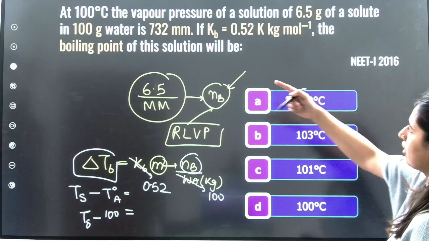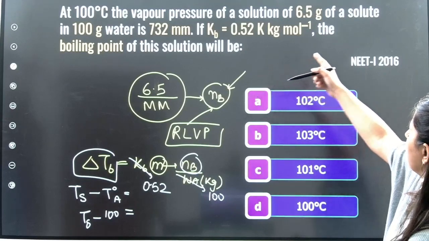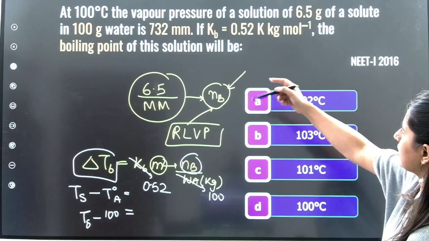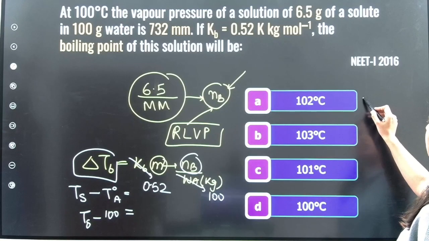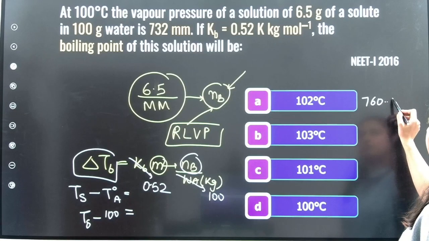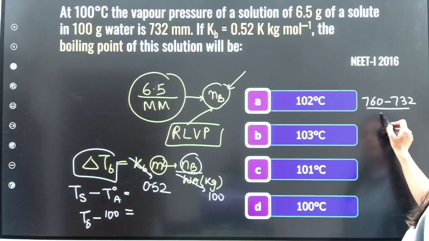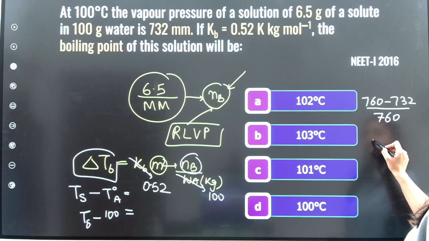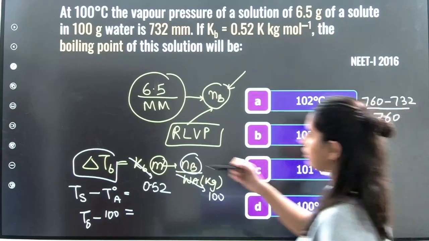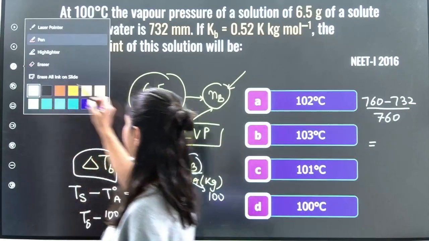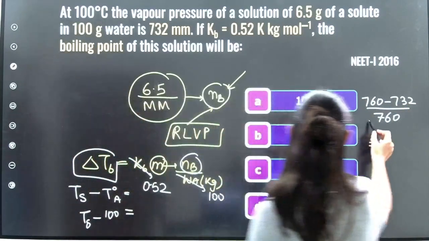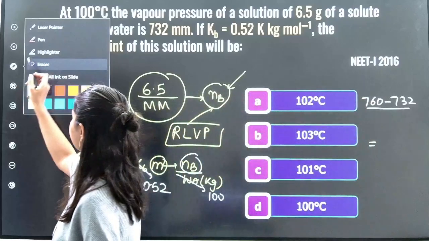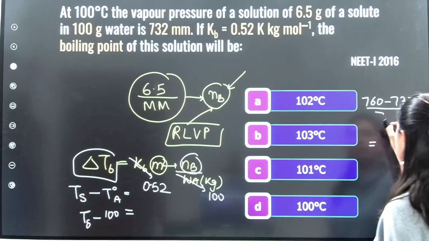How? Because you have been given 6.5 gram. This is 732 mm. So 760 minus 732 divided by 760, P naught A, but we'll take it as PS only. So we'll take it equal to 732 only, to use the modified formula and not the relative lowering of vapor pressure formula.